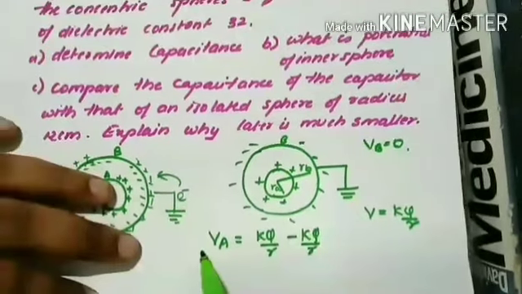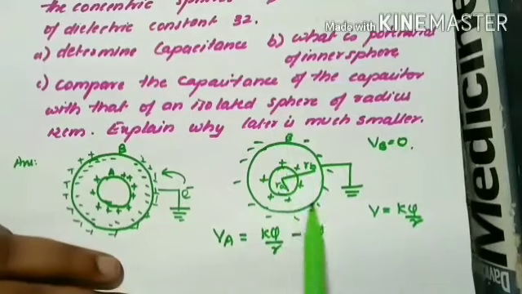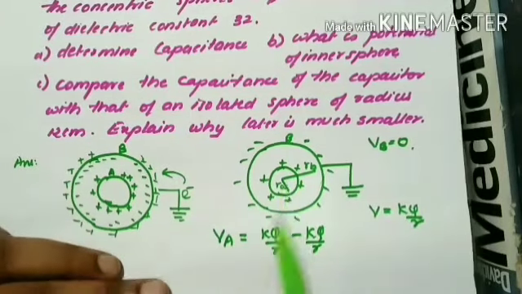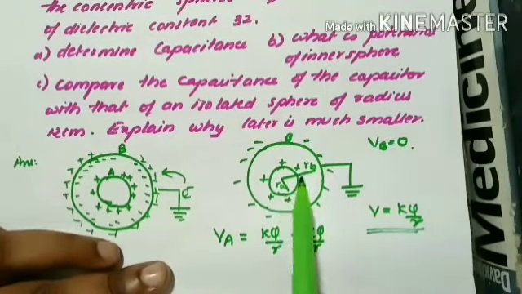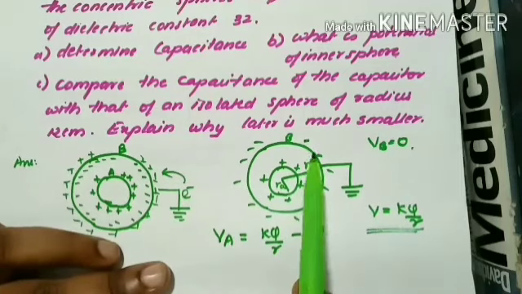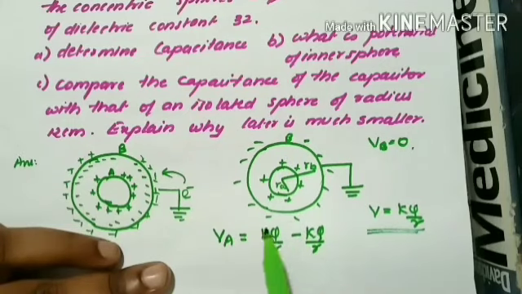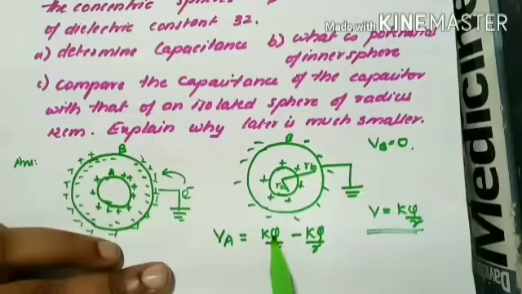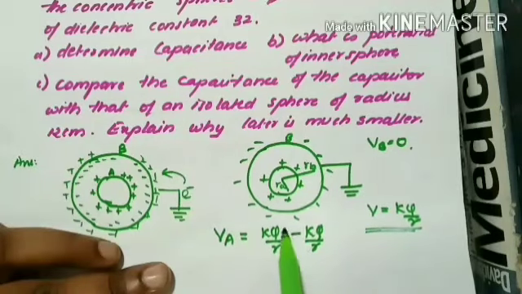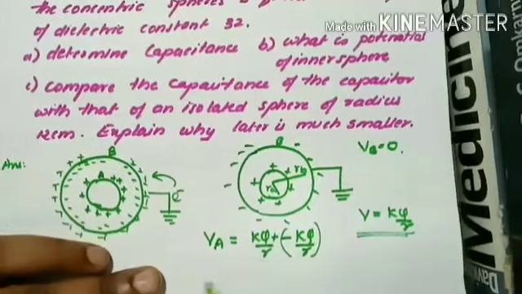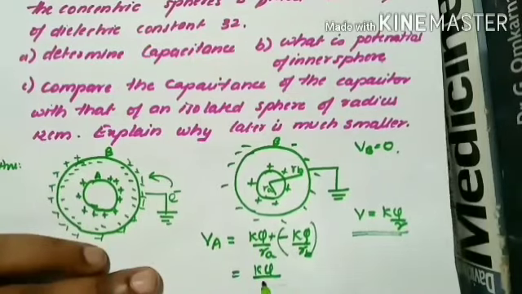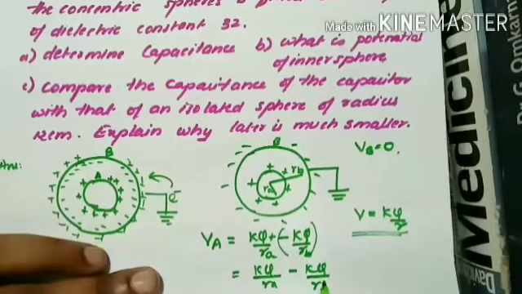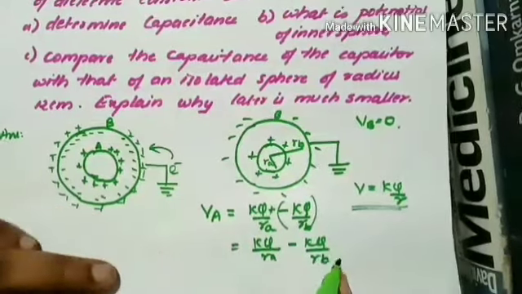Whereas VA is in the presence of two spheres, that is B as well as A. We know the equation V is equal to KQ by R. So due to the A sphere itself, the potential at A will be KQ by RA, but B is producing another potential, that is minus KQ by RB. So the net potential at A is KQ by RA minus KQ by RB. This much is clear? Right.